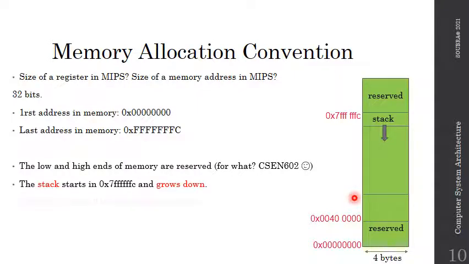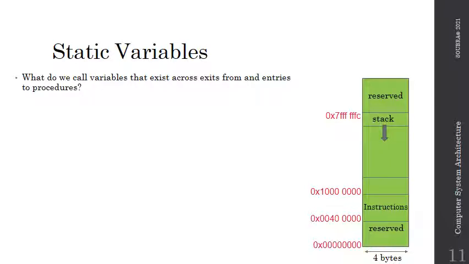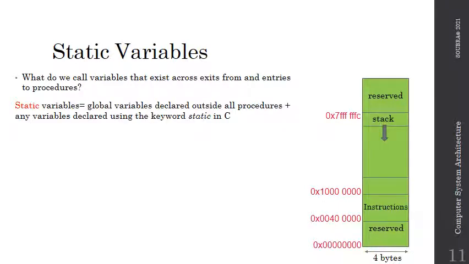Right, so this starts and goes down, and then I have a section for the instructions for sure, which is relatively smaller than the one for the data. Makes sense. And everything that is global or static should have a place for it.